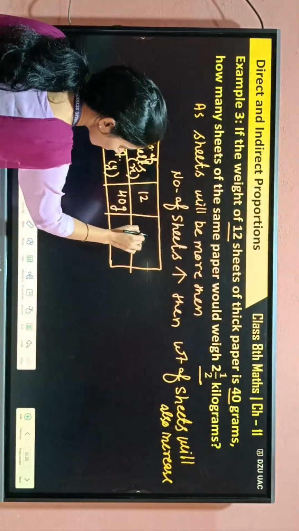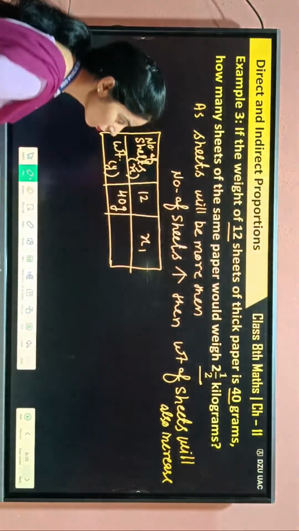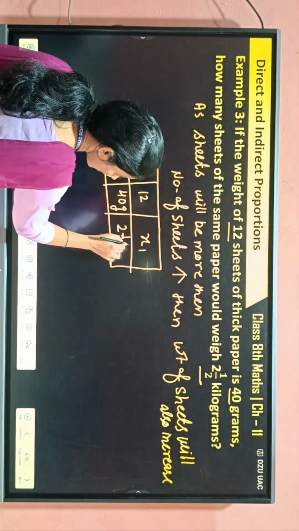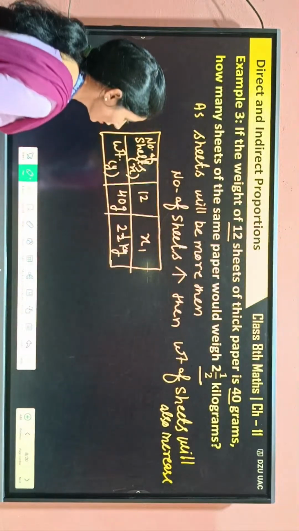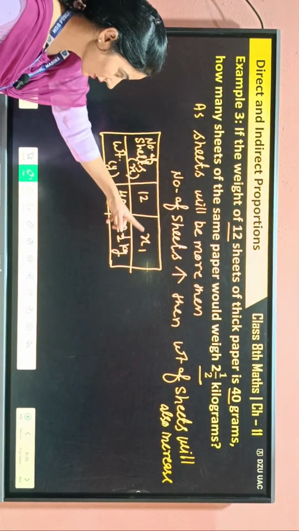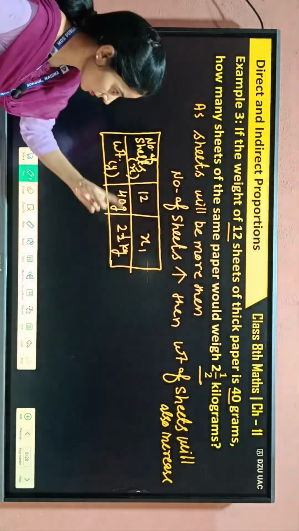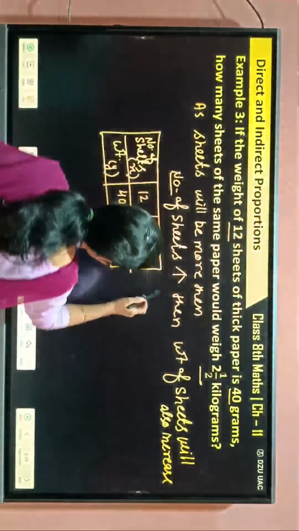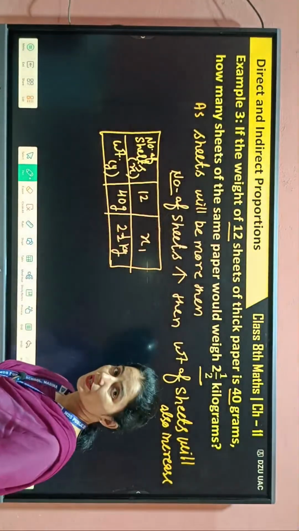Then we need to find the number of sheets whose weight is 2.5 kg. As the number of sheets increases, their weight will also increase.